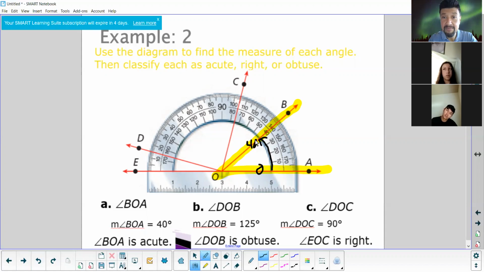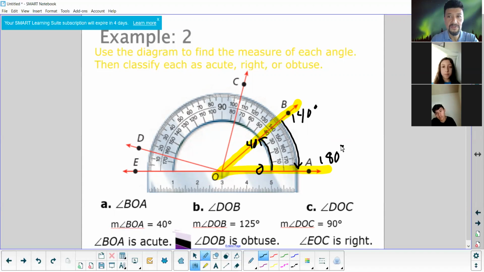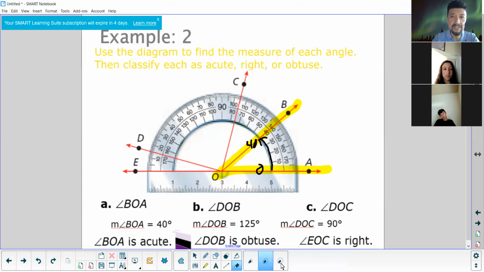But I could get the same result if I went from 140 to 180, right? Subtracting both will give me the 40, correct? But you have to use one of the two. You cannot use both. And I would say for simplicity, always use the one that starts with 0 because it's just easier for you to use. But let's go ahead and share the same concept with these other ones.